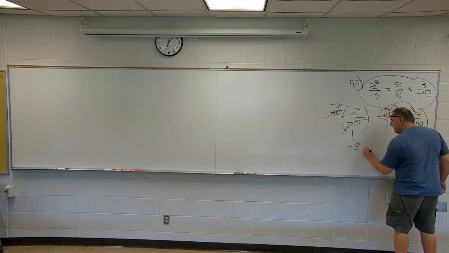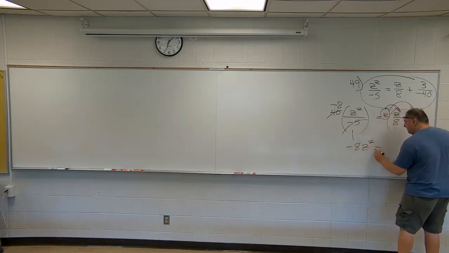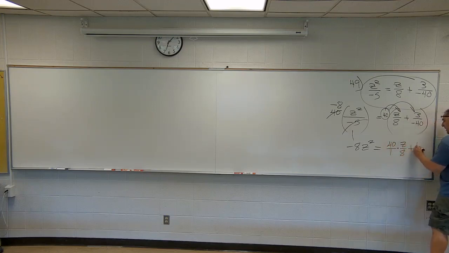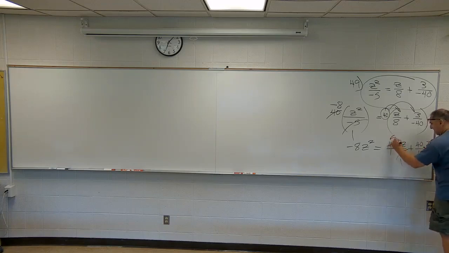Negative 8 z squared, 40 over 1 times z over 8, 40 over 1. Let's see what we got here. That goes in here 5 times. These guys cancel.